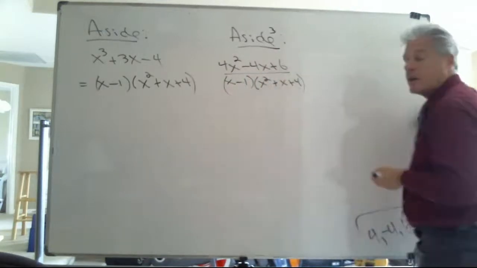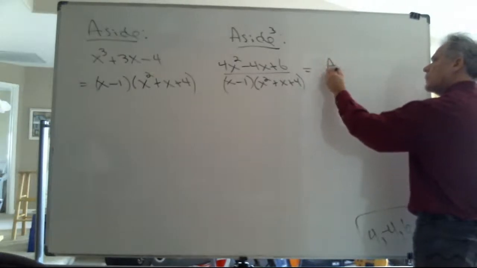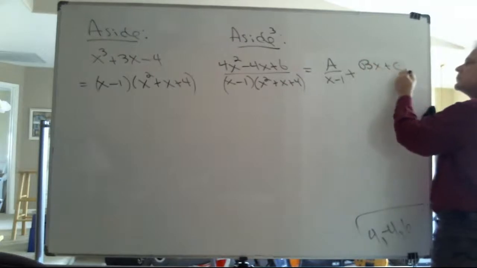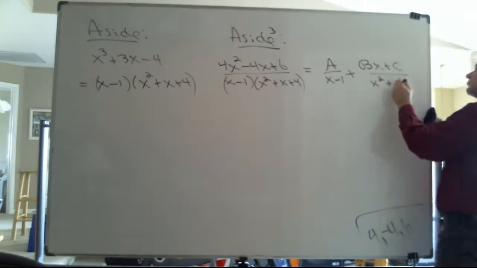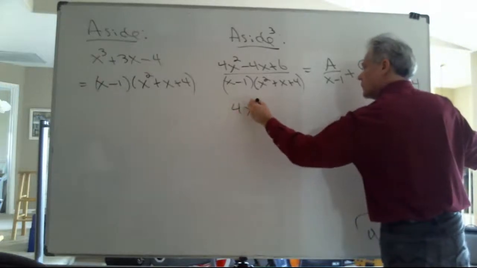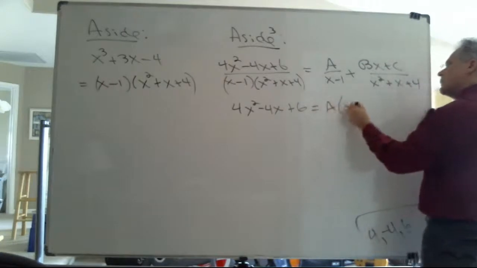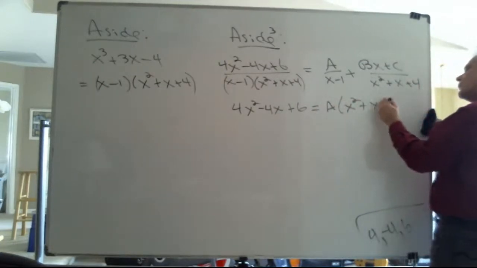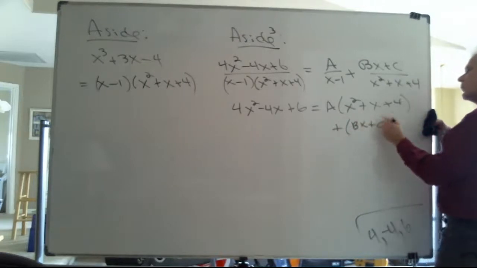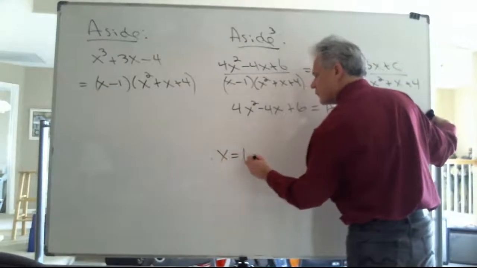And now let's commit to that partial fraction decomposition. Getting rid of fractions. Allowing x to be the zero of that linear factor.